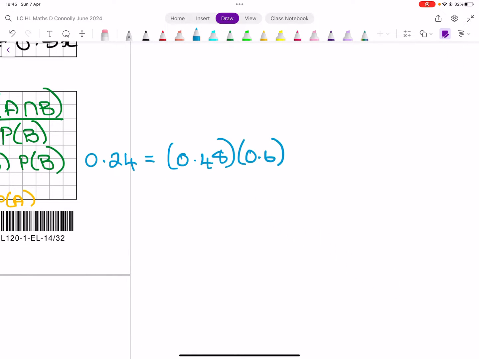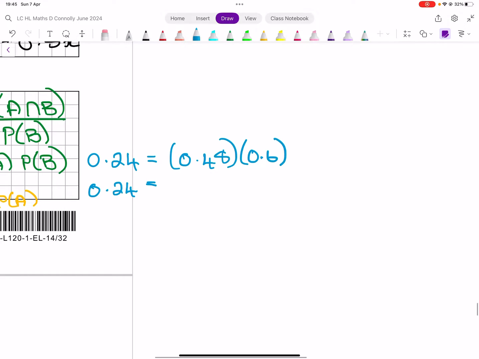So we'll check if these are equal. 0.48 times 0.6 is 0.288.